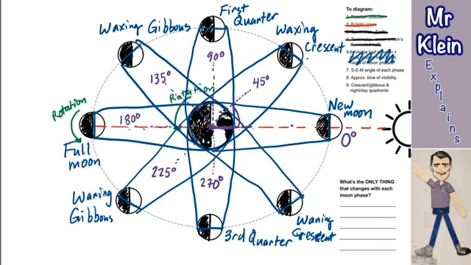And then again, Sun, Earth, Moon, waning crescent has a 315 degree angle. And back up from the Sun, Earth to the new moon, 0 degrees. We've gone a full 360 degrees. There you go. So we've got the angles of each moon phase.